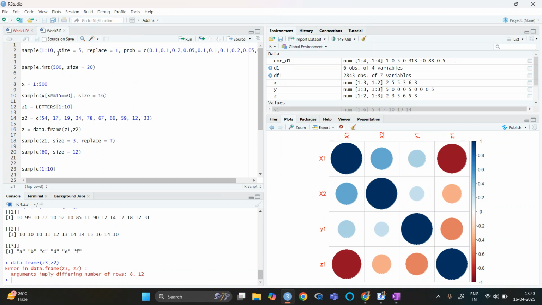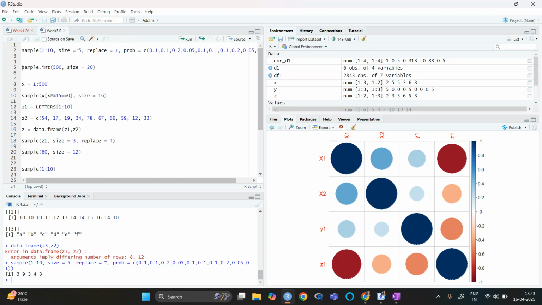Okay, so here, in the sample function, this one is your population. Okay, 1 to 10 is your population. You need to define the size of your sample. So let us say I have taken it as 5.